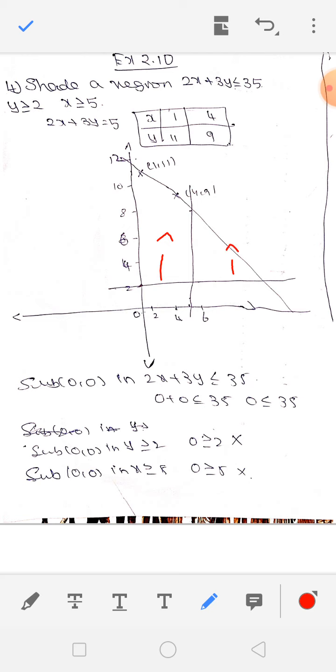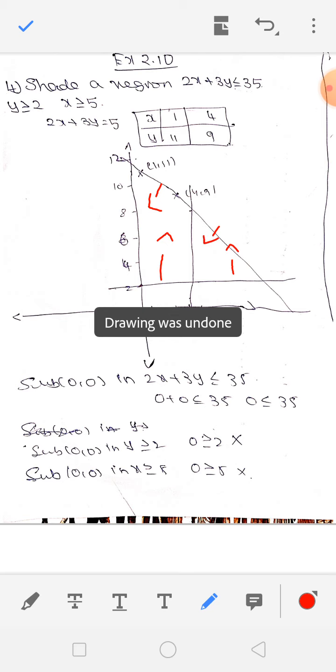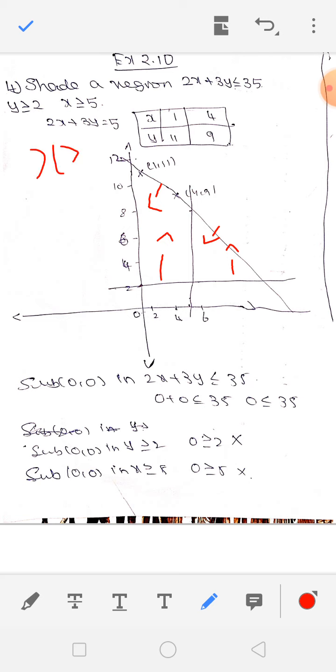Okay, and this is the region for this line. And then next, what is the next line? This is x greater than or equal to 5. X is greater than or equal to 5 is our next line. Right? Same here. So there are 2 points, one after 5 and one before 5.